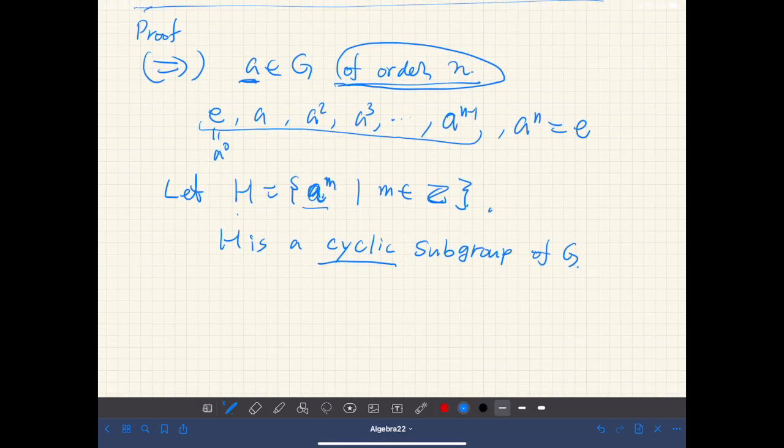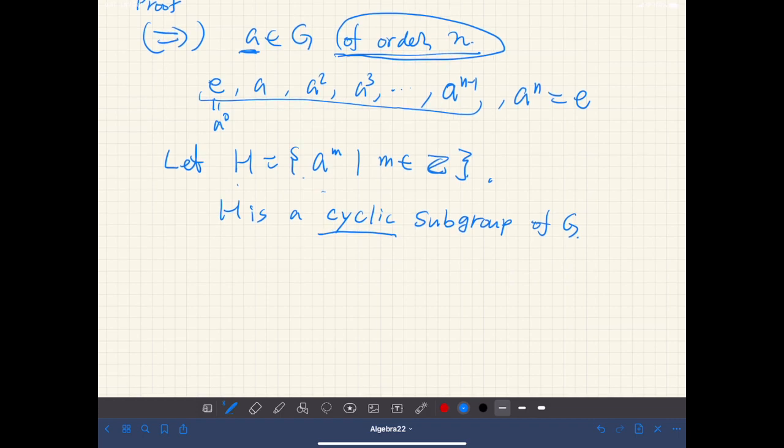And of course, you should show that this is a subgroup, but I think it's easy enough to see. Okay, so this is a cyclic subgroup of G.